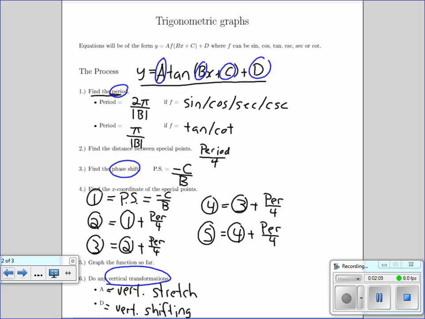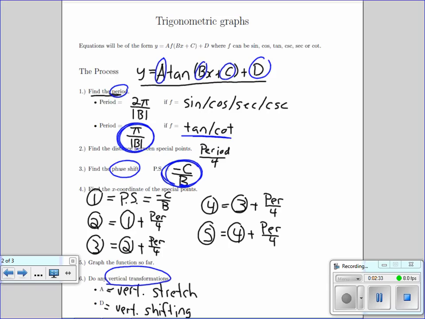Since our graph was tangent, we're going to use the formula pi over b to find b. And for the phase shift, we always use our formula negative c over b equals the phase shift. So once we use our period, we'll solve for b, and then we know b, so we can use our phase shift to solve for c.